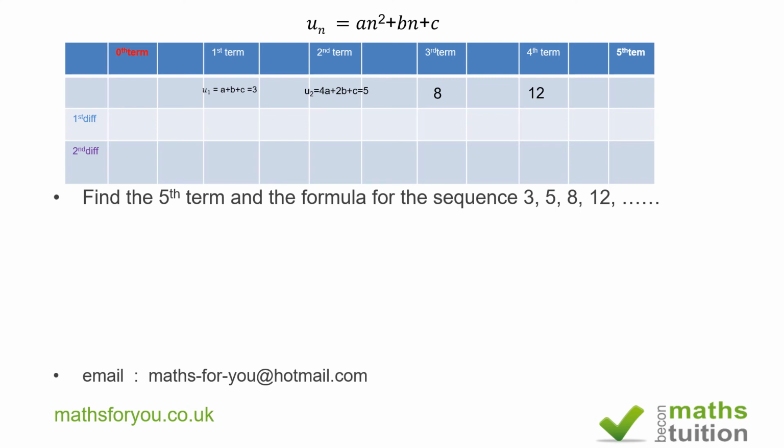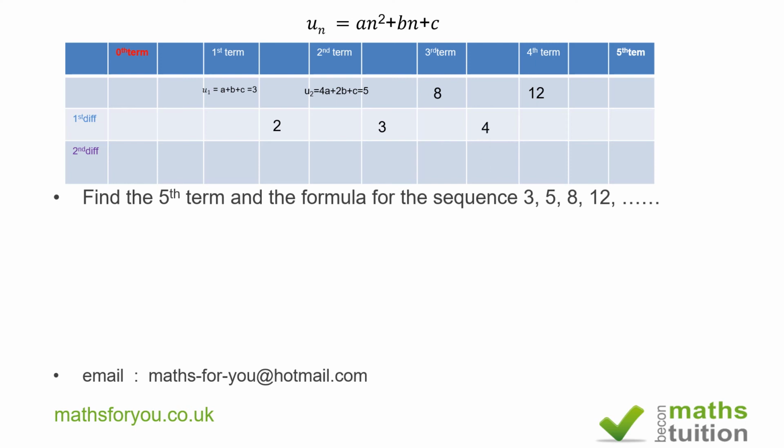The first difference between the second term and the first term is 5 minus 3, and that gives us a value of 2. The first difference between the third term and the second term is 8 minus 5, and that's 3. The first difference between the fourth term and the third term is 12 minus 8, and that's 4.